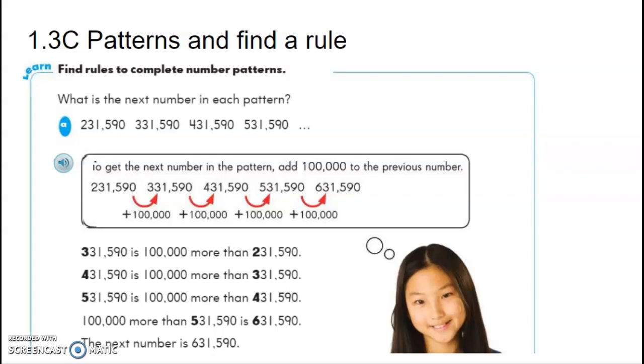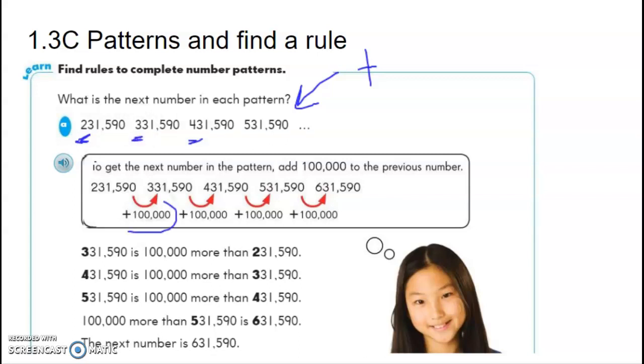So for this first one here, I can say, okay, well, they're getting bigger. We're going from 231,000 to 331,000. So I know we're adding on something. It's a good place to start. So then if I look, the only thing that's changing is that 100,000's place.